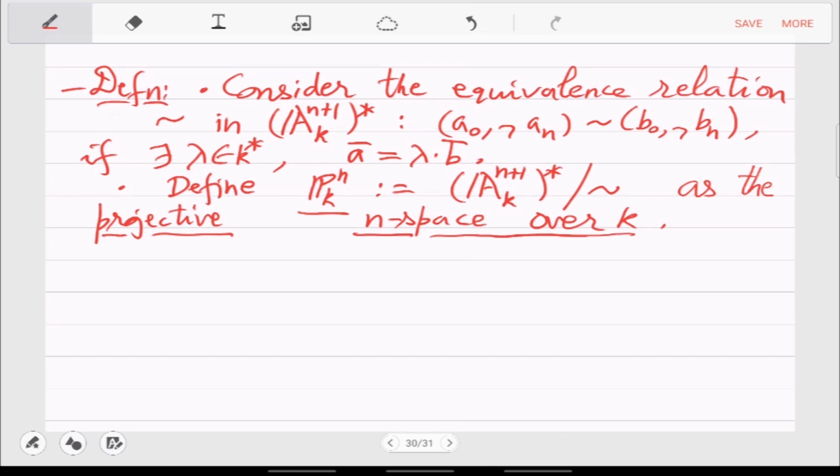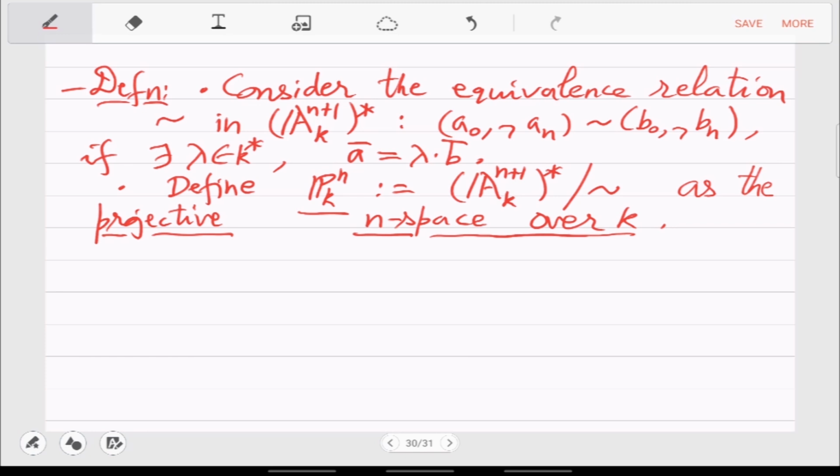Okay, so note that for projective n space, you will need one more dimension in the affine space because you want lines. So you need one extra degree of freedom in the affine space, and there you exclude 0; for all the other points you have this equivalence relation.